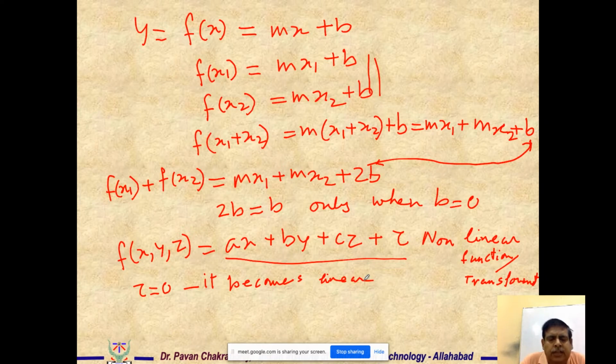So now what you see here is that this tau is essentially the translation quantity.